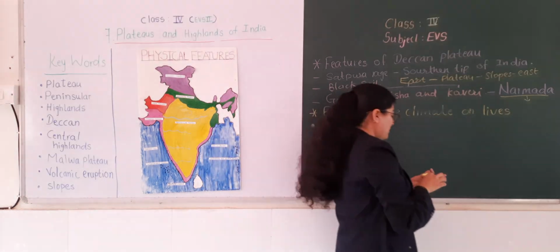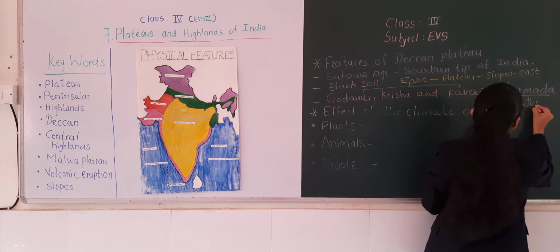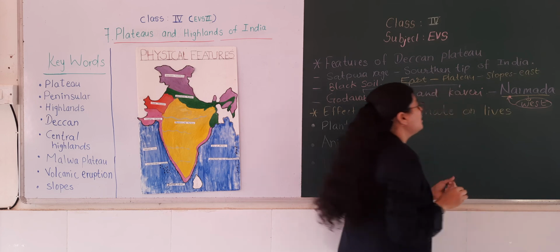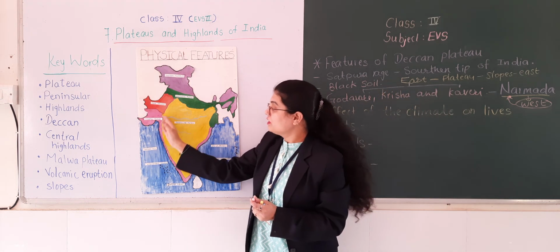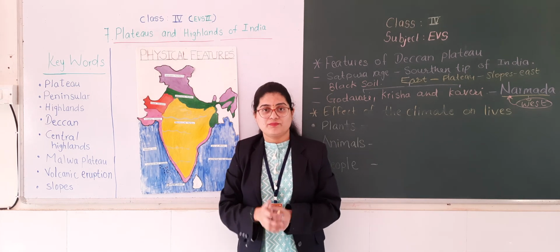So the Narmada river flows toward the Arabian Sea in the west direction.